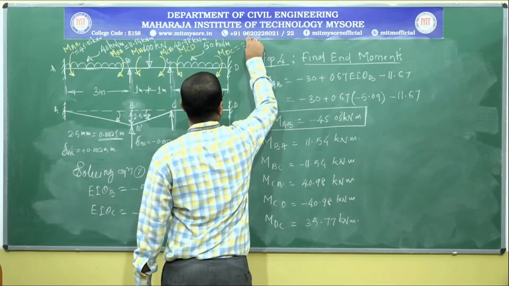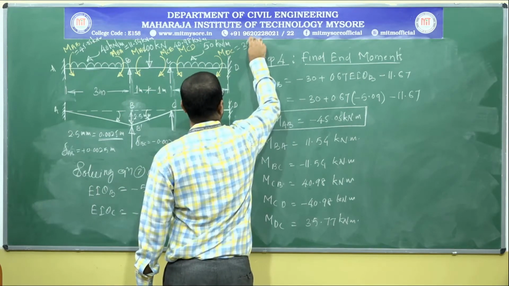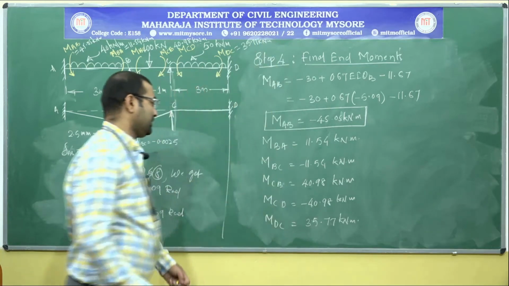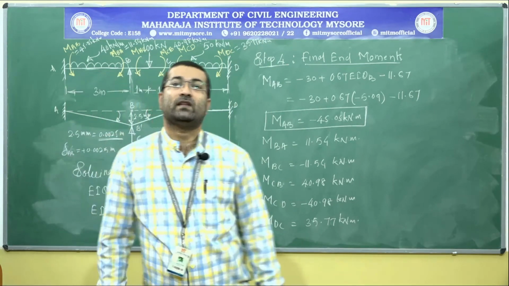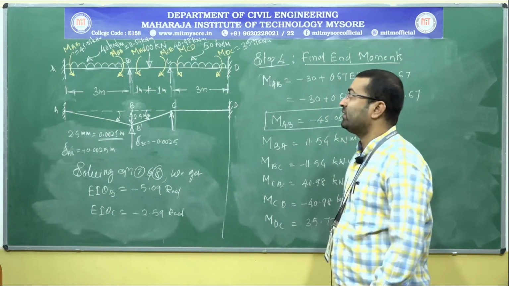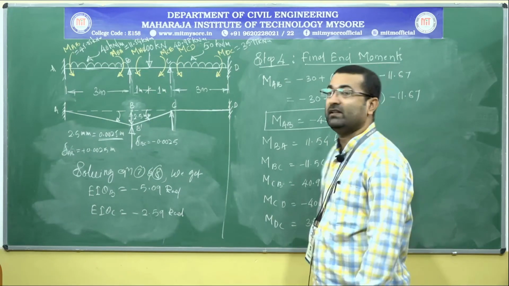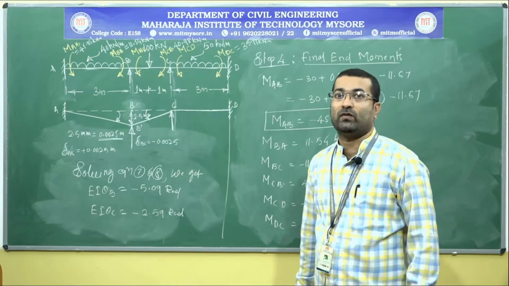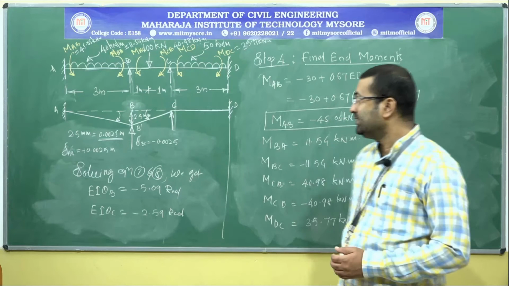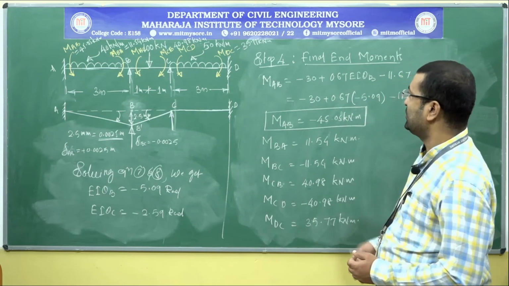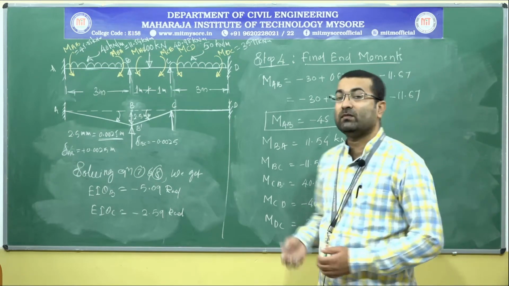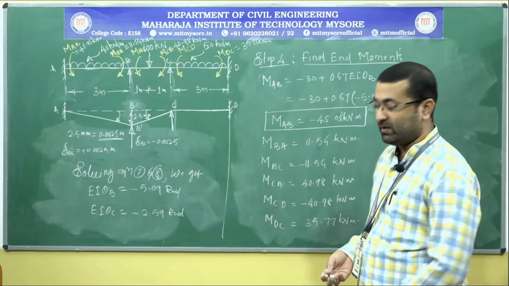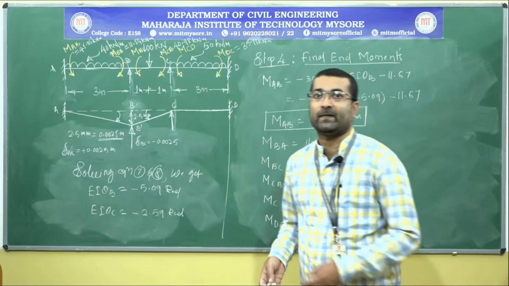So this is 35.77 kilonewton meter. These are the final end moments for the continuous beam ABCD, which we have estimated with the help of the slope deflection method. Now we have to draw the shear force and bending moment diagrams with the help of these bending moment values.